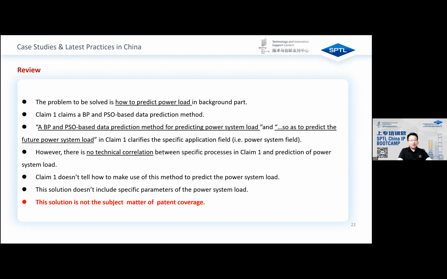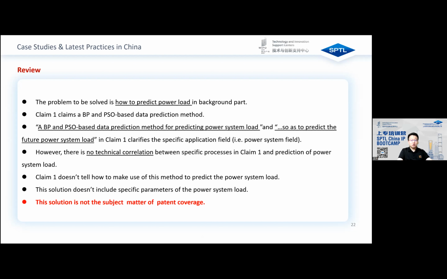in claim 1, clarifies the specific field, namely power system field. However, as explained just now, there is no technical correlation between the specific process in claim 1 and the prediction of power system load.